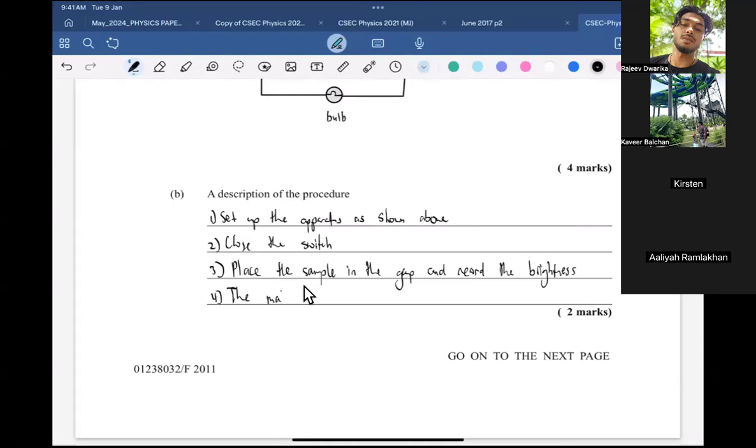The material or the sample that results in the bulb being the brightest is the best.